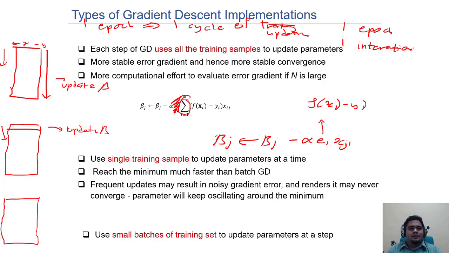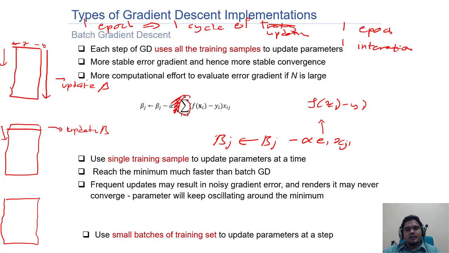For example, this one is batch gradient descent. If you want to update your beta, you need to use the whole data, in this case 1000 samples.